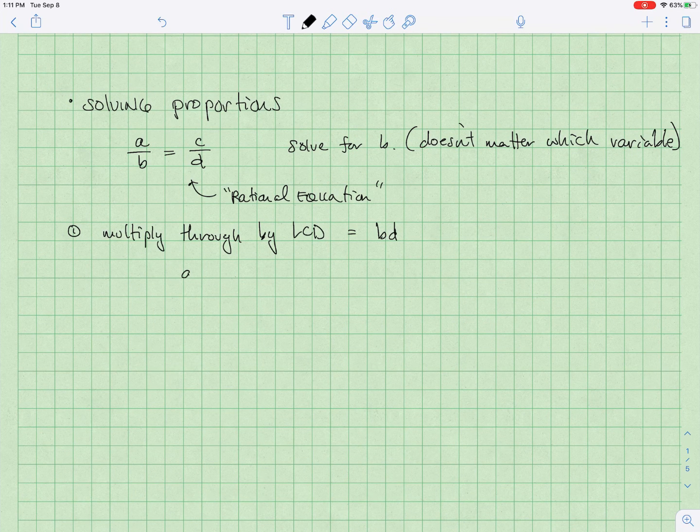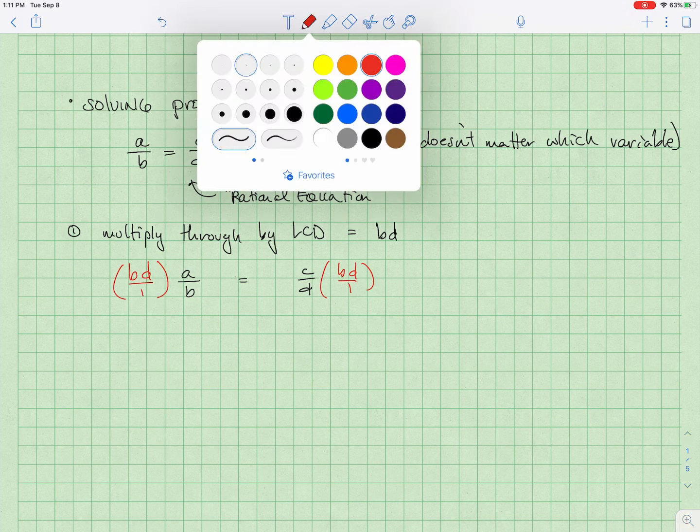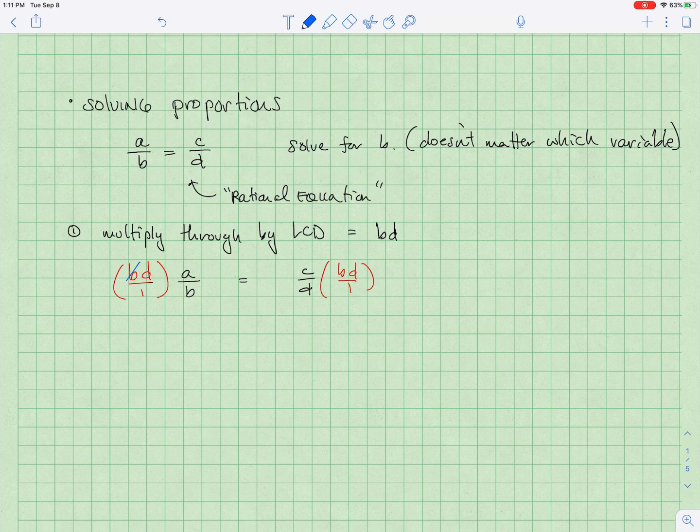And when we do that, A over B is equal to C over D. And let's see, we'll multiply this guy by BD over 1. And this guy by BD over 1. And then, of course, we can do a little bit of cancellation here. Here the B's will cancel. Here the D's will cancel.